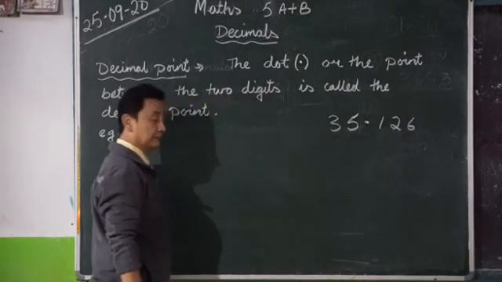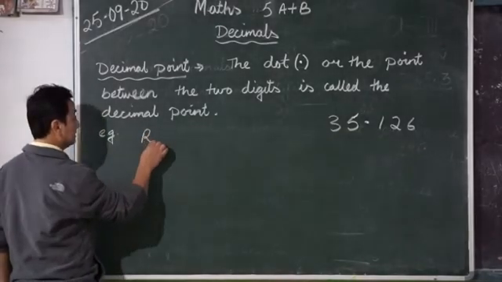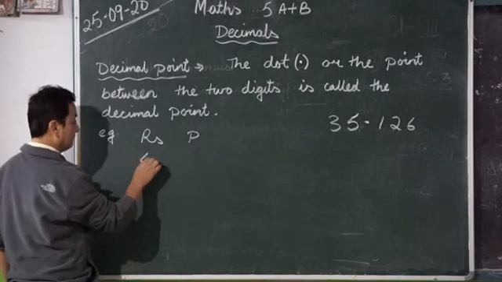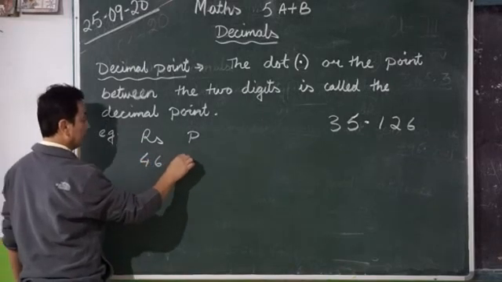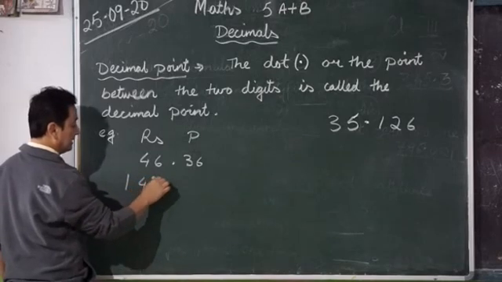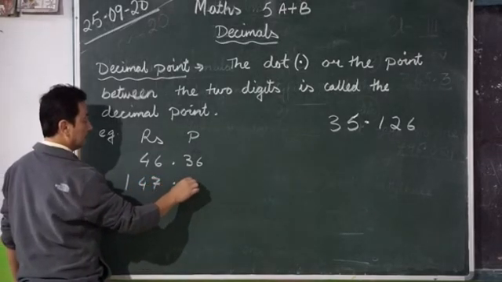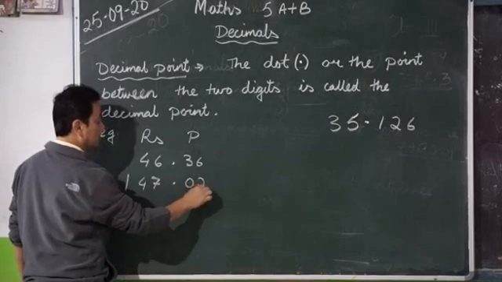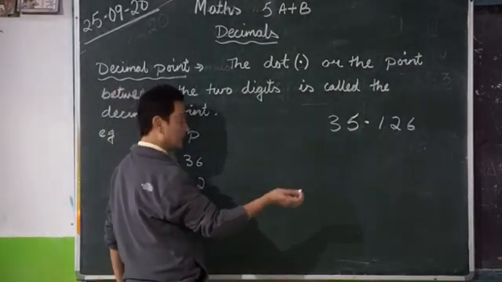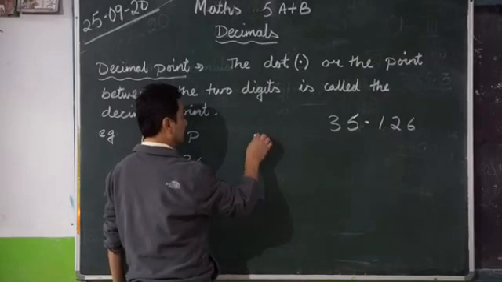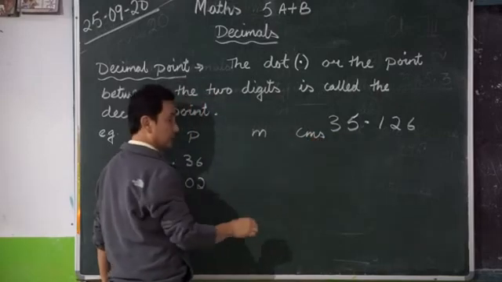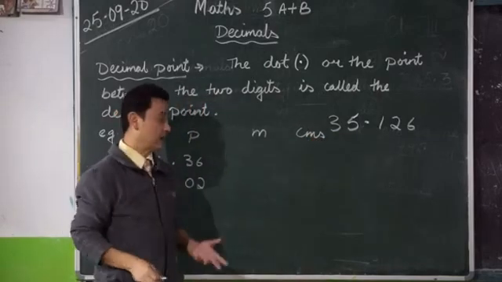Now, we use decimal point in rupees and paise to separate rupees and paise. 46 rupees, 36 paise. 147 rupees, 2 paise. We use decimal point to separate meters and centimeters also. Okay? 2.15.